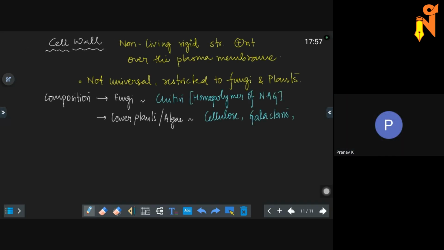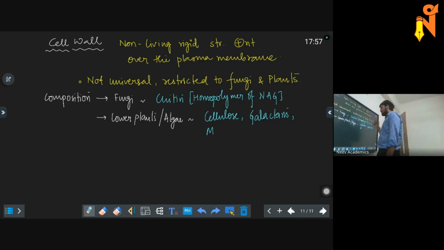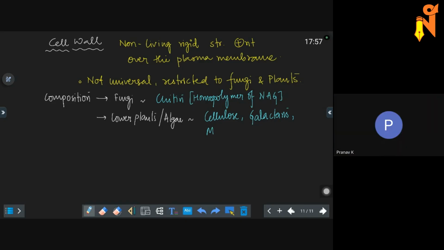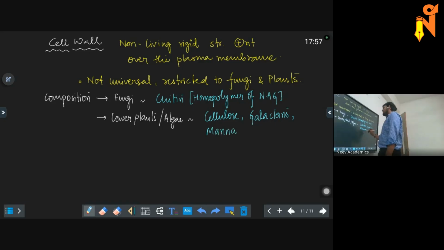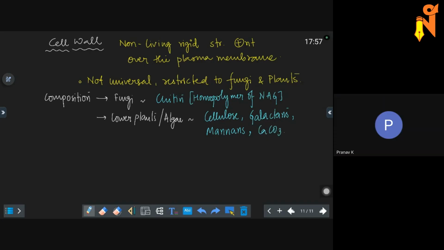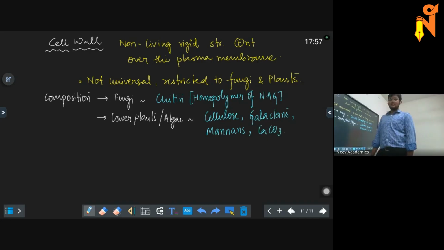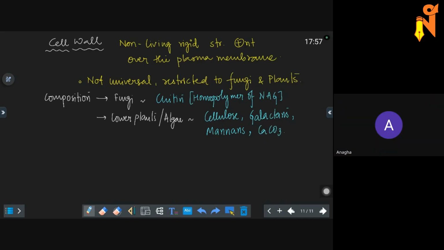Chitin is a homopolymer of NAG. A student asked what a homopolymer is.